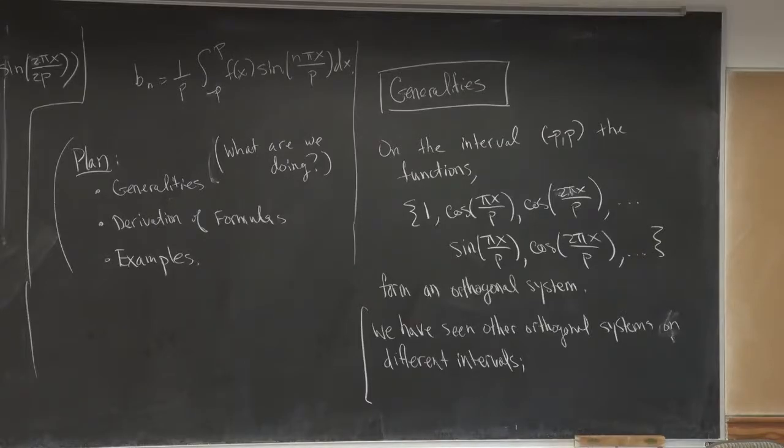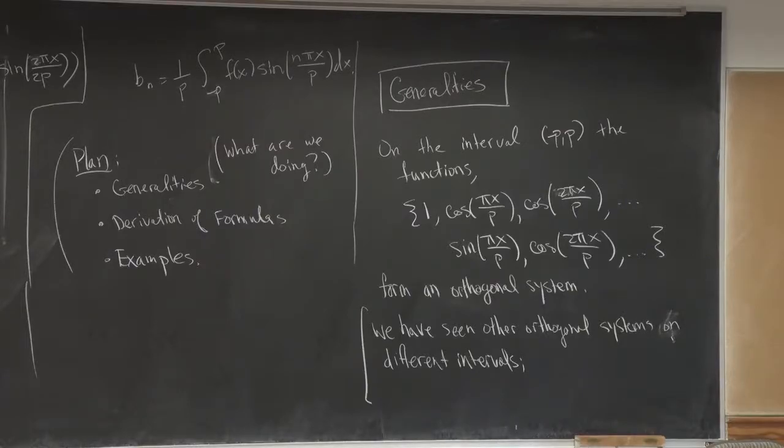The second system, which is kind of a special case of this one, except the interval here is a little changed. Here n is an element of the natural numbers. Okay. And then we had the following system.